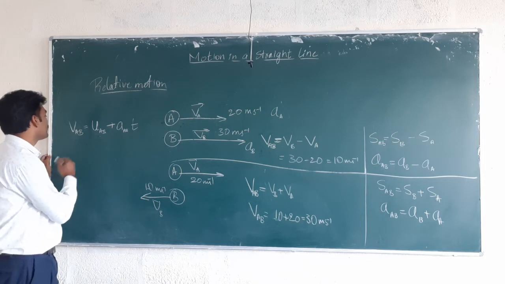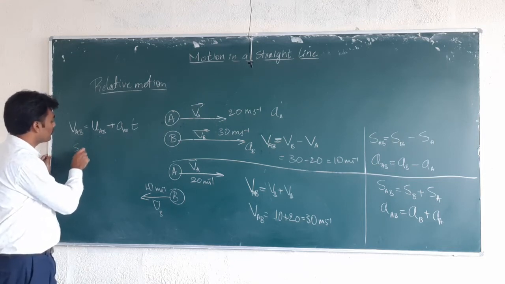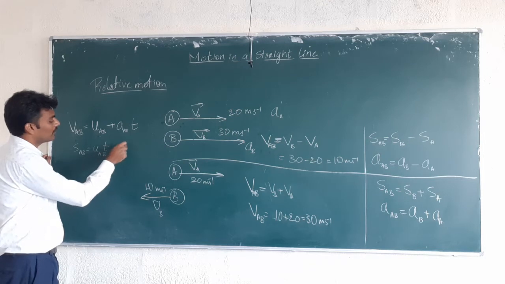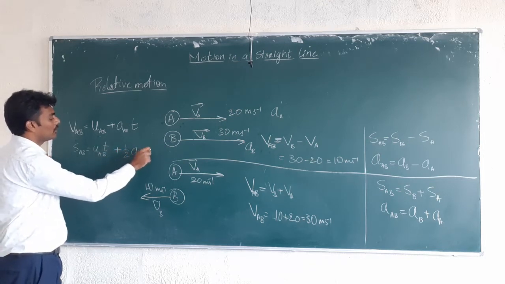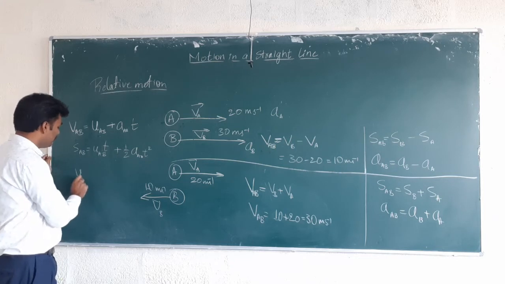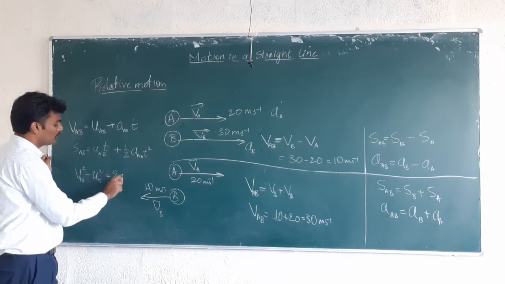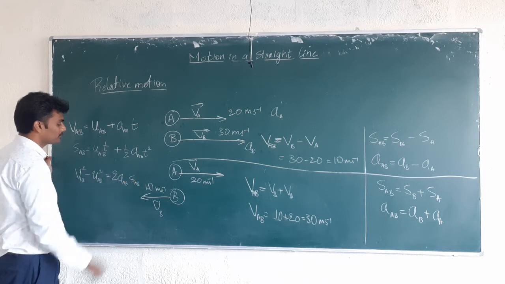Similarly for SAB. S is equal to UT plus half AT square, so SAB is UAB T plus half AAB T square, and VAB square minus UAB square is equal to 2AAB SAB.